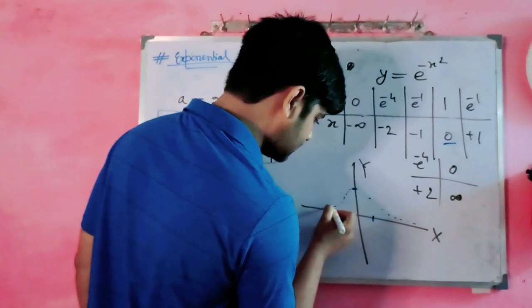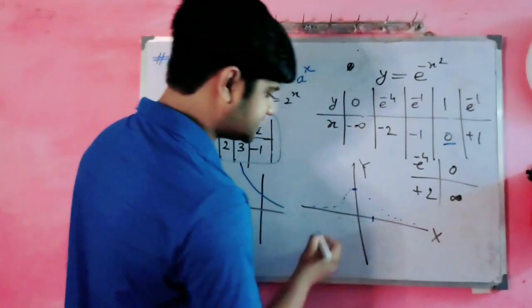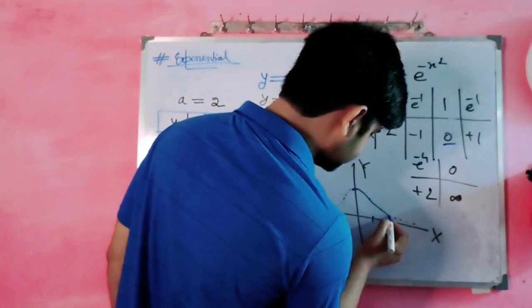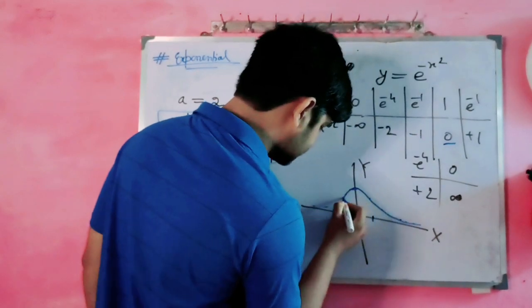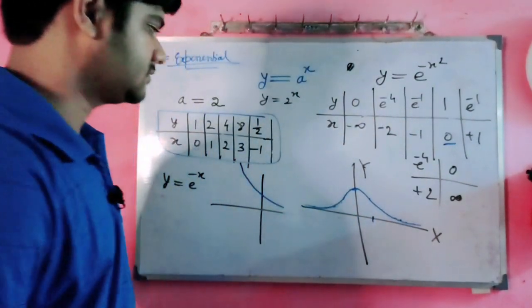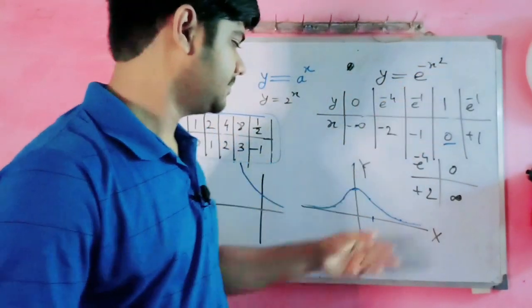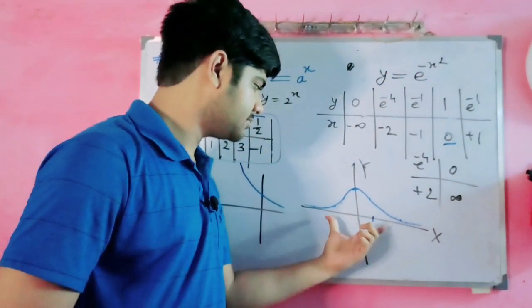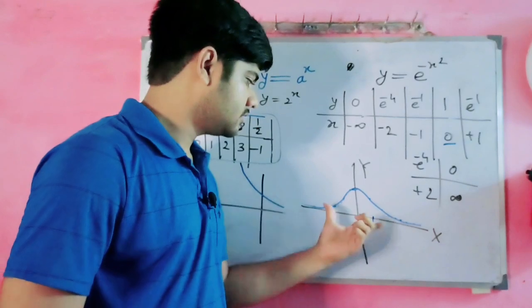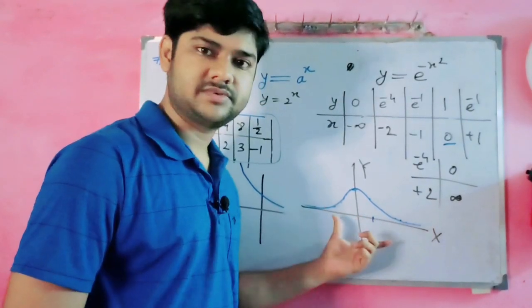Similar thing happens for the minus x direction. Hence, we will get this kind of graph, which is known as a Gaussian graph. So y equals e to the power minus x square corresponds to this type of graph, which is Gaussian in nature.